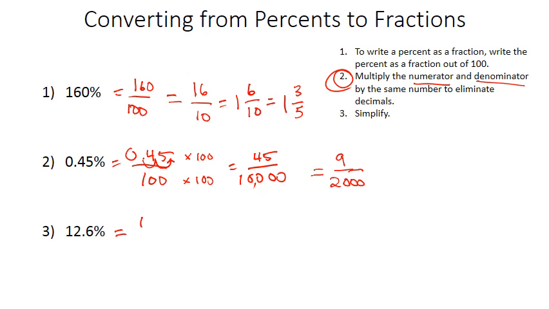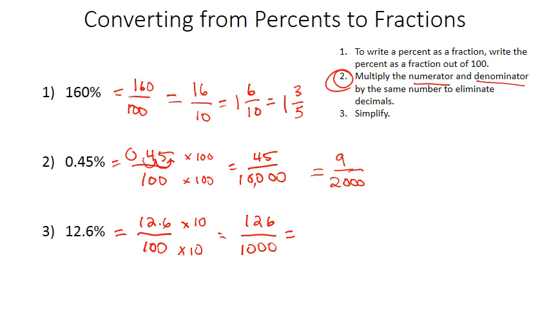Next one, 12.6 out of 100. Again, I have this decimal. If I multiply the numerator by 10, it'll move my decimal place over once and I'll have a whole number. So I'm going to multiply both by 10 and I'll get 126 out of 1,000. Well, to simplify that, I know they're both divisible by 2.